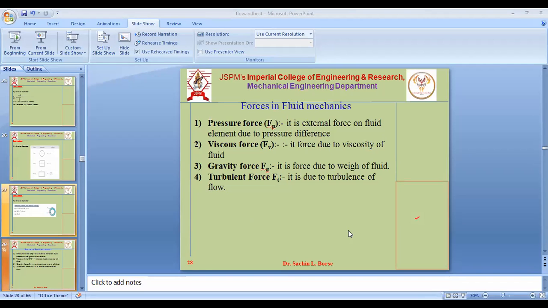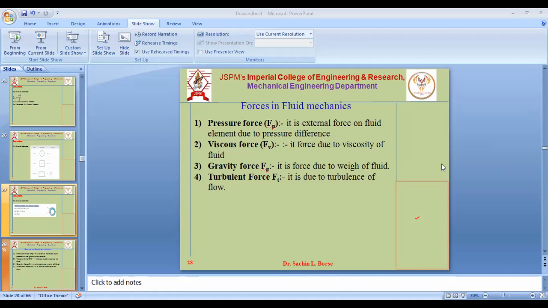That equation is nothing but the Navier-Stokes equation. We write Newton's second law for the fluid, and that comes out to be the Navier-Stokes equation. In the Navier-Stokes equation we take viscosity, and in the Euler equation we neglect the viscous force. In which flow do we neglect viscosity? Euler flow.